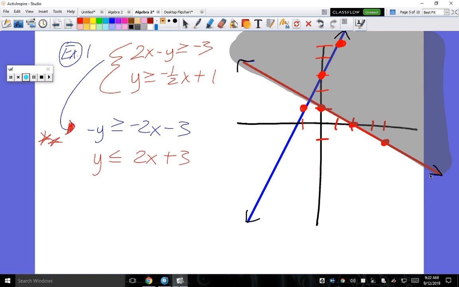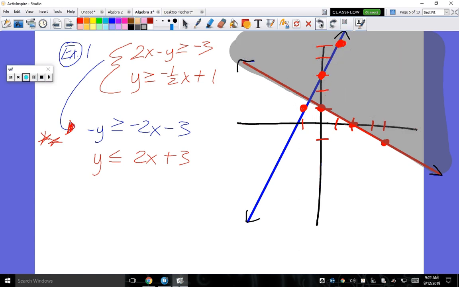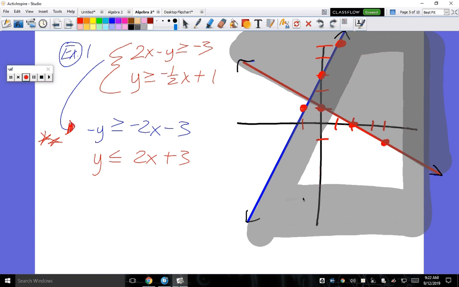Yep, below what I see, including the line. Let me shade. I don't know why it's not doing it. There we go. This means below. It doesn't mean to the right or left. Remember, it means below. And our answer is the one that's the double shade.